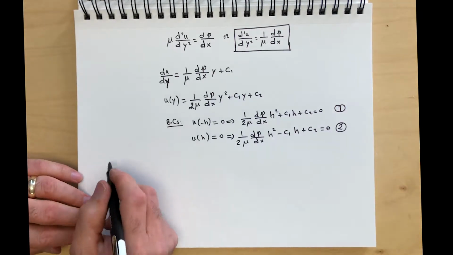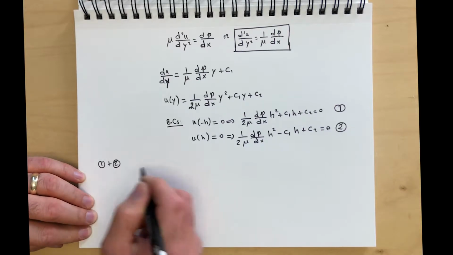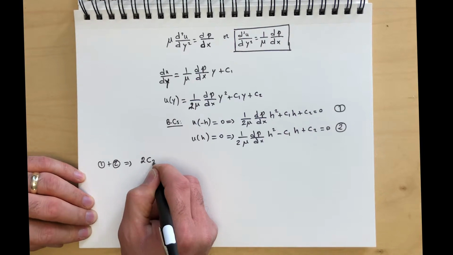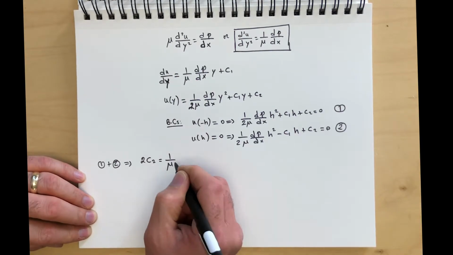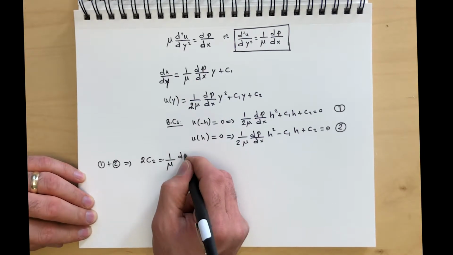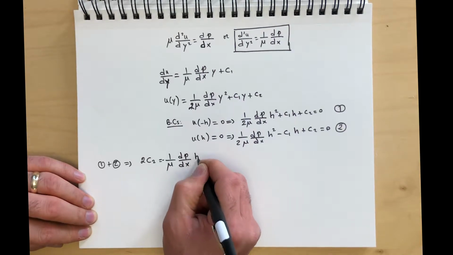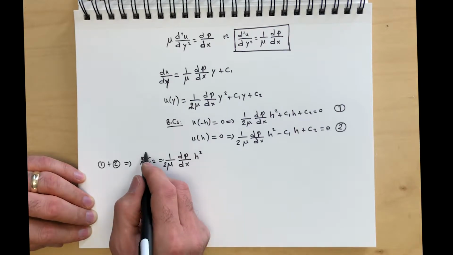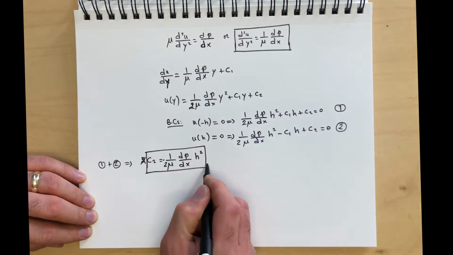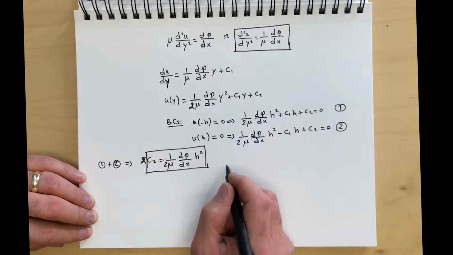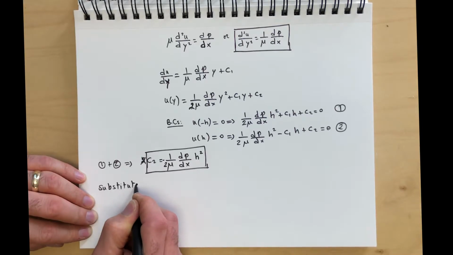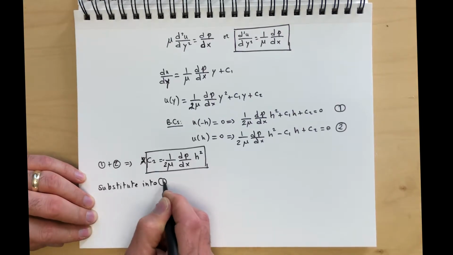Now we can solve for the constants. 1 plus 2 will cancel out c1, and that gives us 2c2 is equal to minus 1 over mu dp by dx h squared. So we're going to put this mu down here. That's c2. And from that, we conclude c1, so substitute into equation 1.